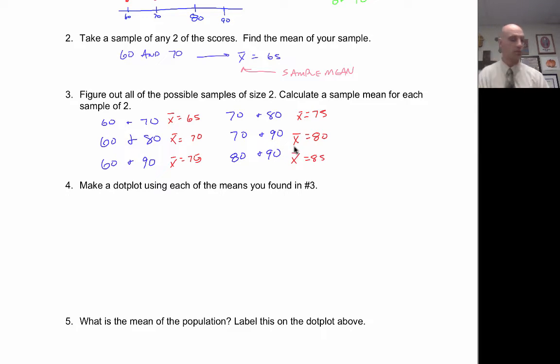So let's make a dot plot here, and we're going to answer the question, which of these most accurately represents the actual mean. I'm going to label 65, 70, 75, 80, 85. And you can hopefully predict that we've got 2 dot plots in this problem, and our dot plots represent 2 very different things.